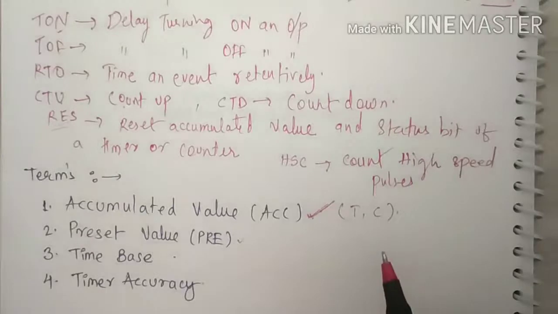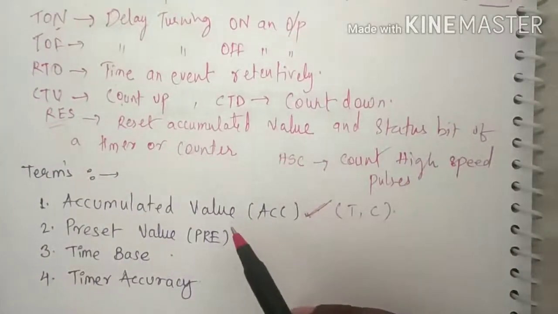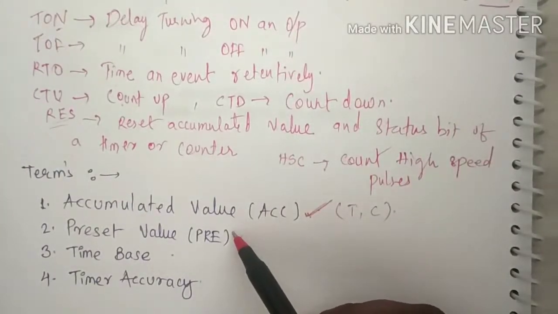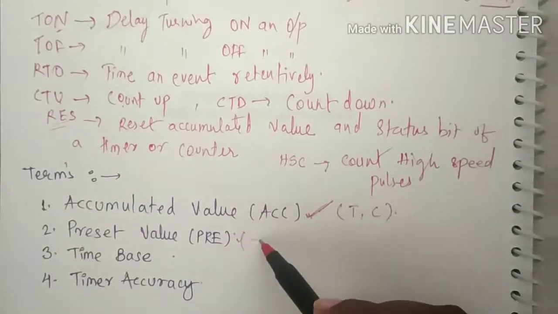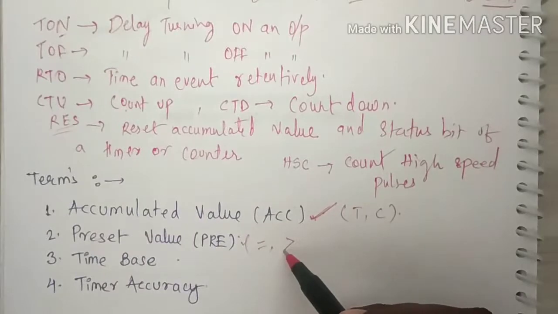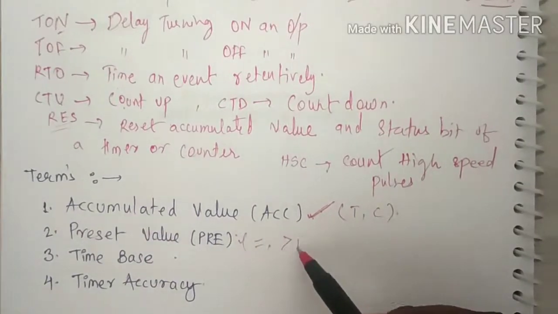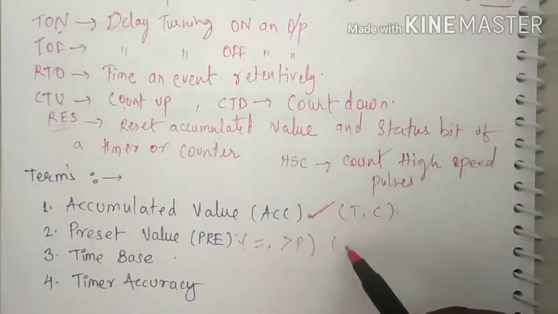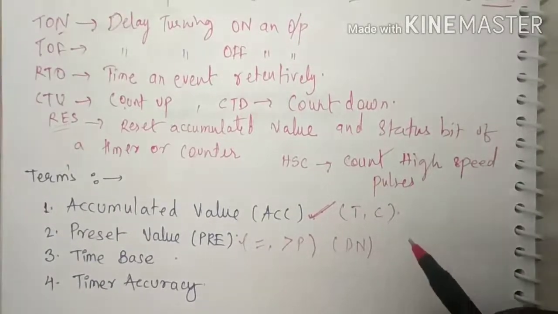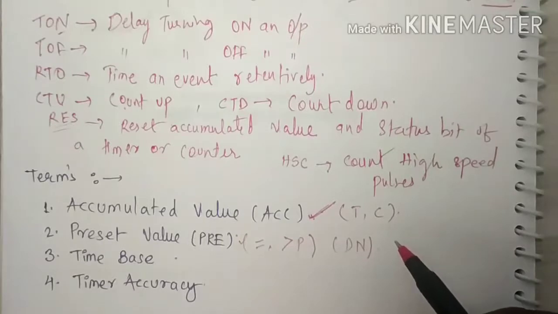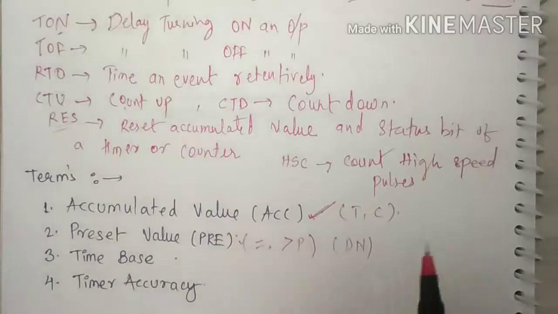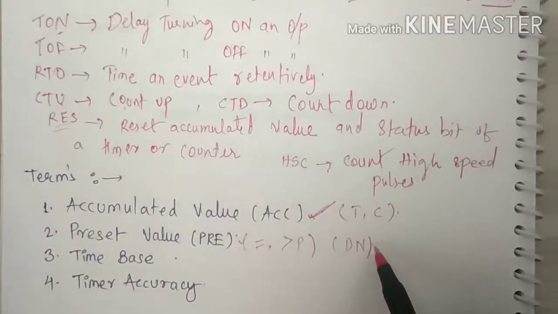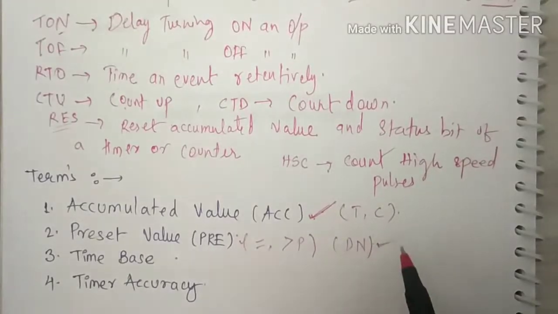When the accumulated value becomes equal to or greater than the preset value, then the done status is set. Only then will the DN status be set. So to control an output device you can use this done bit.